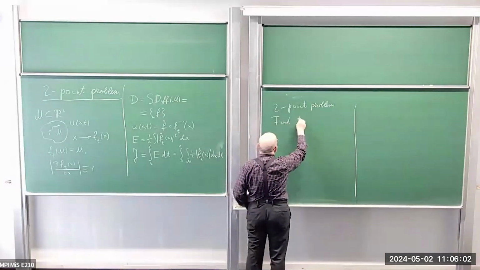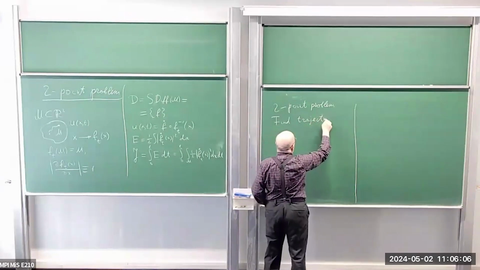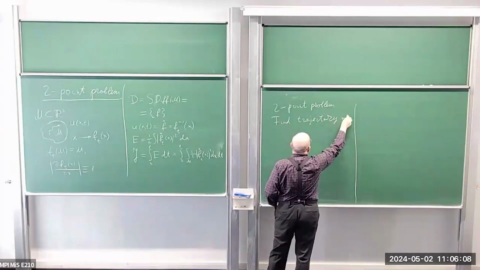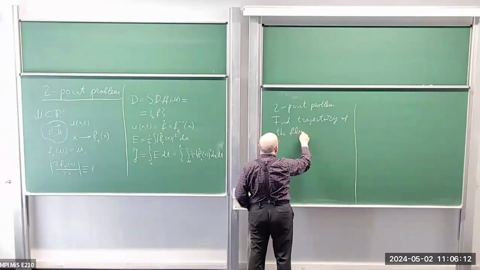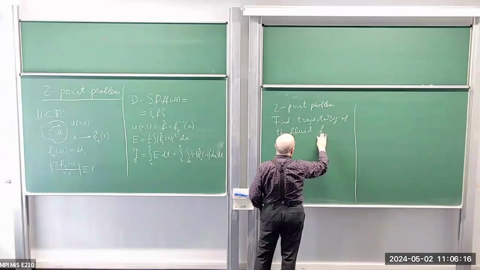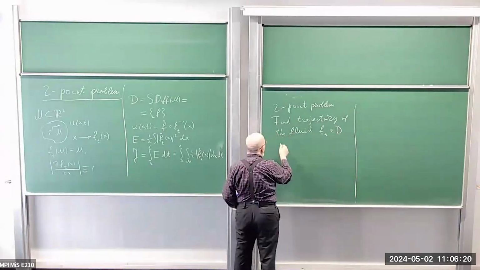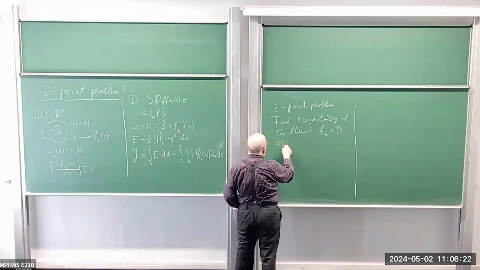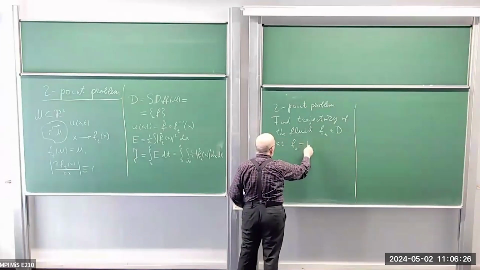Find the trajectory of the fluid f_t such that f_0 is the identity.